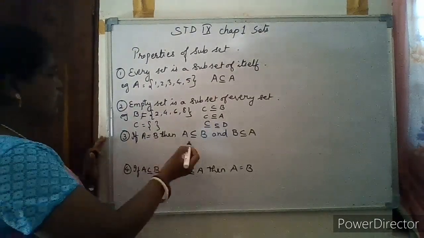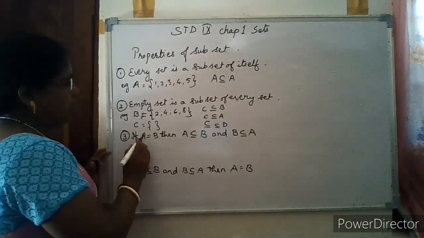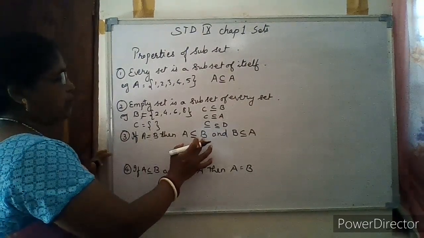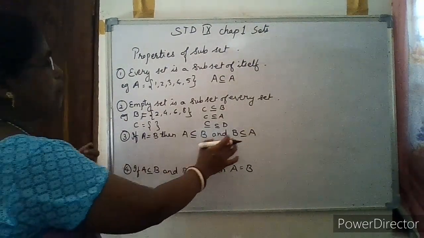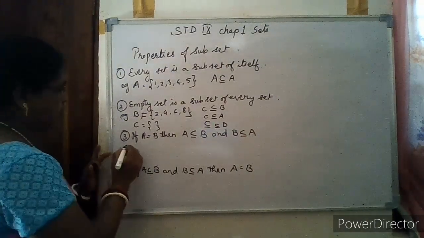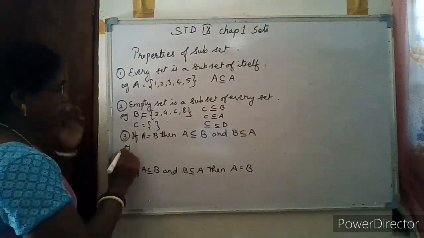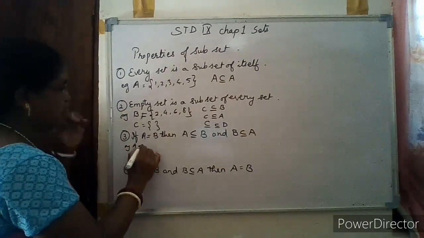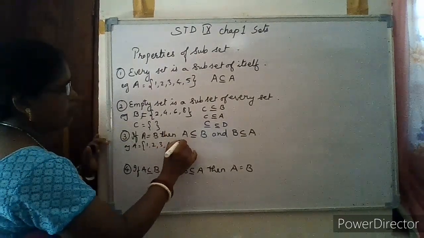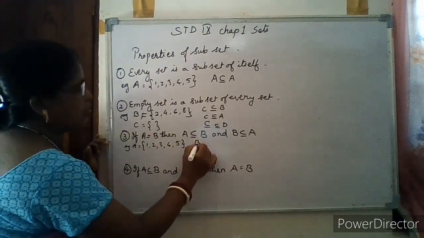Now let us learn the third property. If A is equal to set B, then A is a subset of B and B is a subset of A. For equal sets, you had already learned this in the second example. Another example: suppose A is equal to this, then set B is equal to this.